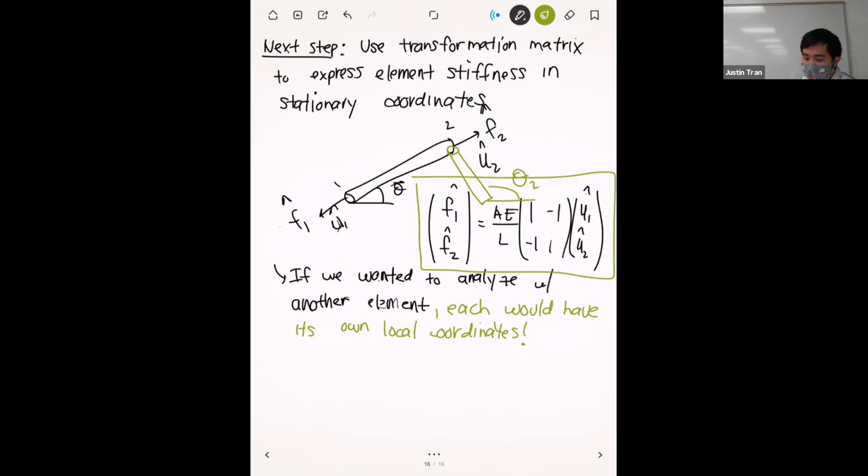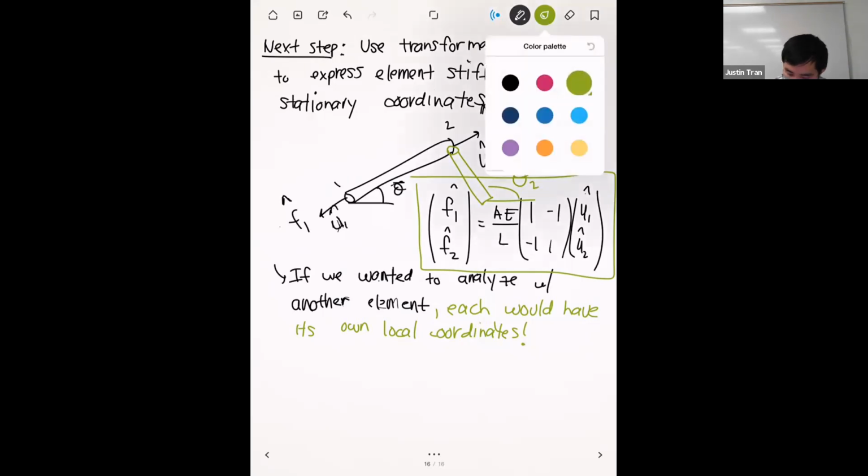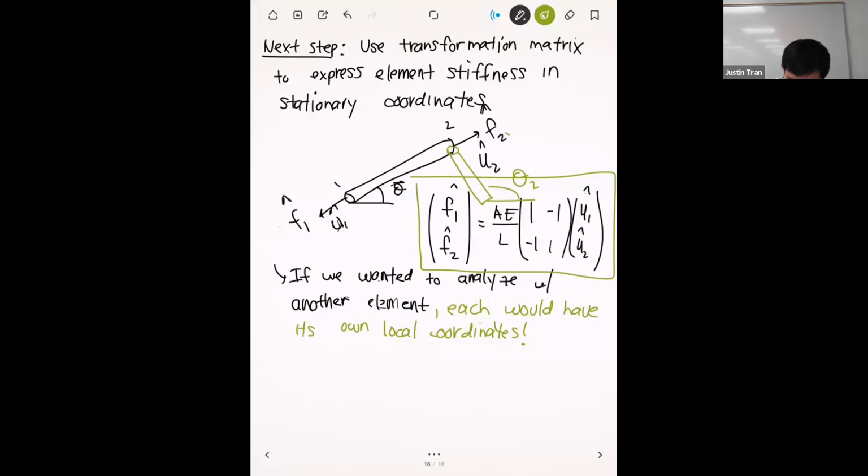And so what we're going to do instead is take this local system element stiffness matrix and formulate it in terms of the stationary coordinates, so that all the different elements can be related in the same way. Okay. And so to do that, the first step is to expand this. One thing I should have written here is that these are all the displacements and forces in the x direction.